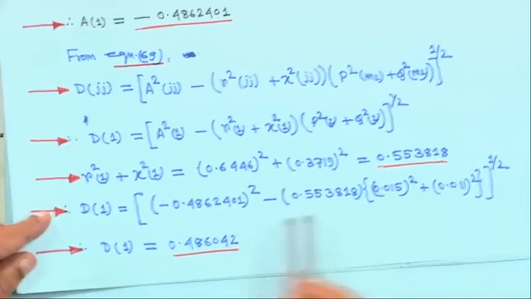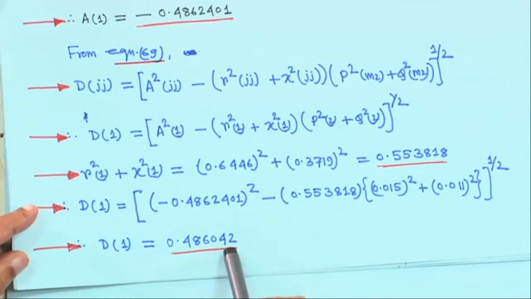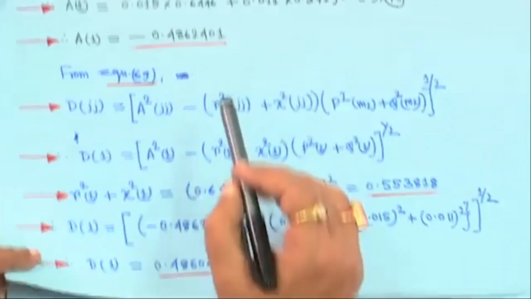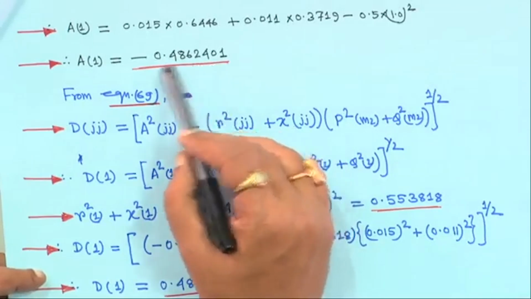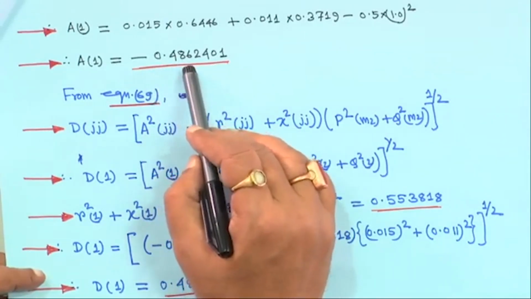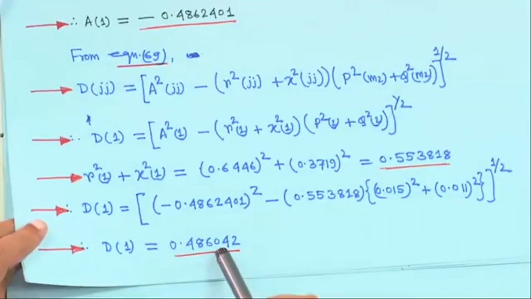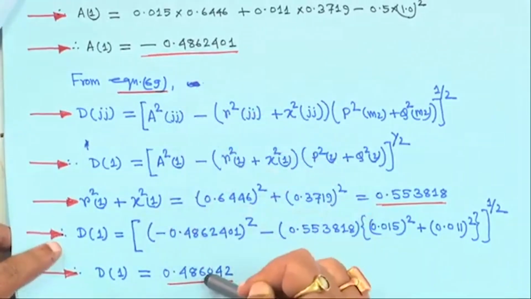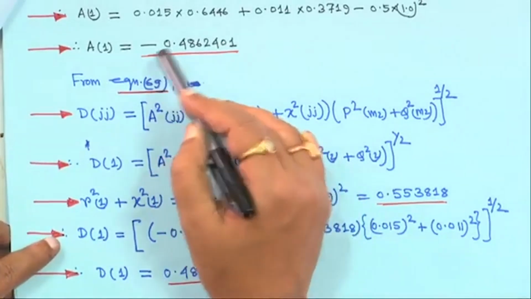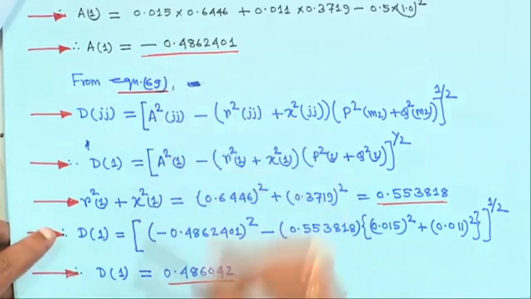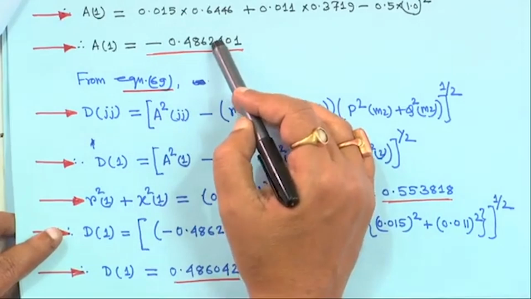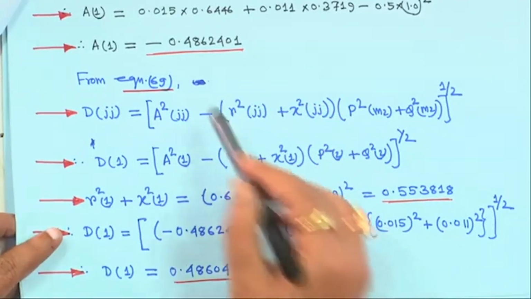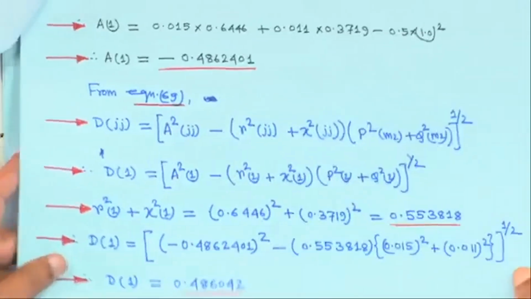If you simplify this, D1 will become 0.486042. So, A1 is minus of this thing, very close, only their sign difference is there. Up to the first 3 decimal places these two terms are almost the same, right, but there is a negative sign here. Every iteration you will find magnitude-wise these two terms will be very close, but here it is a negative sign.